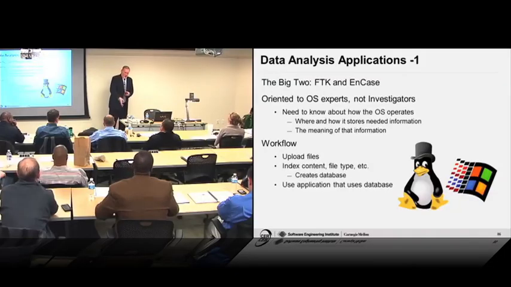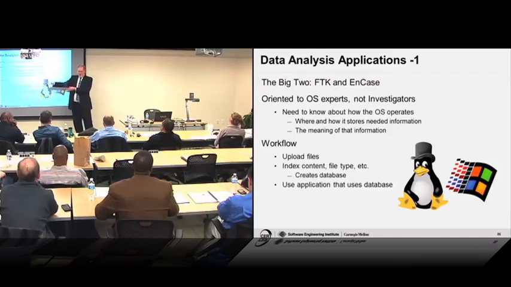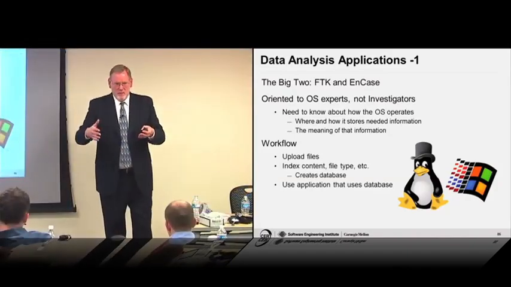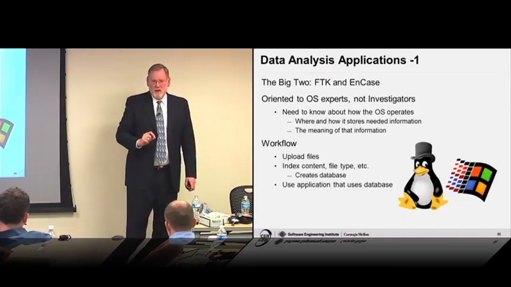Imagine you walk through every file on your disk and you said, this is an executable, this is an image, this is an email file, this is, I don't know, and I found this stuff out in deleted space, and it's an image, or it's an executable, or it's a zip file. And at least FTK, and I'm sure NCase works the same way, lets you see all of those by the type of file that they are.